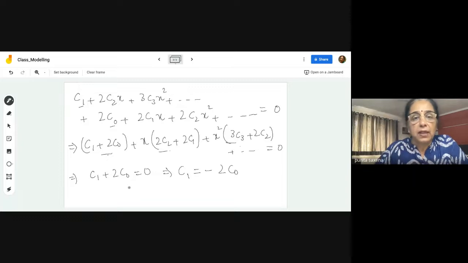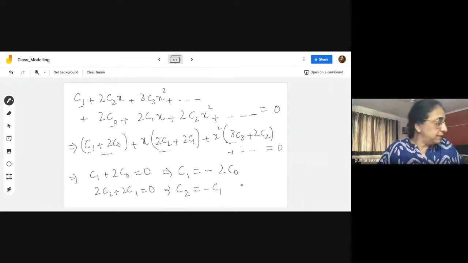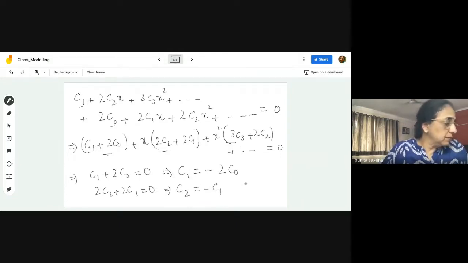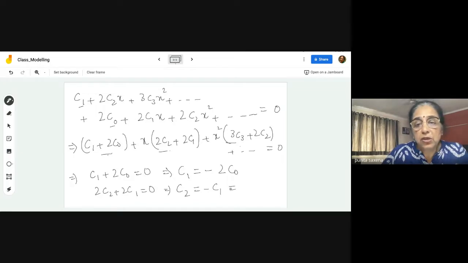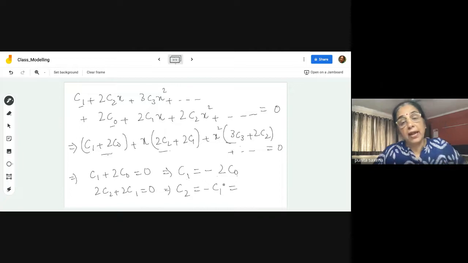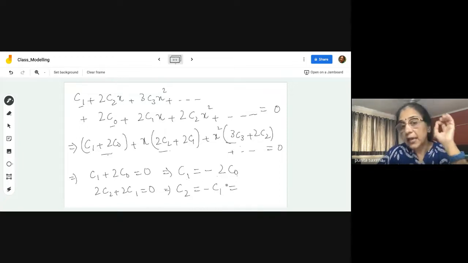That means I can express my c1 in terms of c naught. Similarly, the coefficient of x should also be 0, in the sense that 2c2 plus 2c1 must be 0, which means my c2 must be equal to minus c1. But what is your c1? Your c1 is nothing but minus 2c naught. Why we are doing this is, I know that this is a first order differential equation, so it must have only one constant.